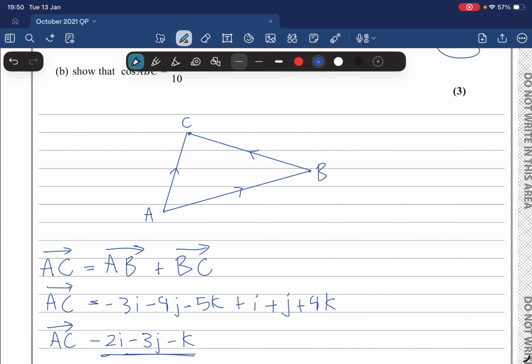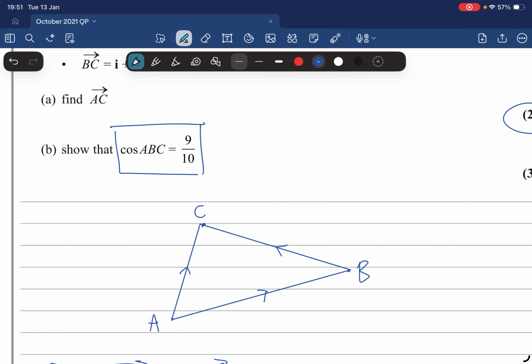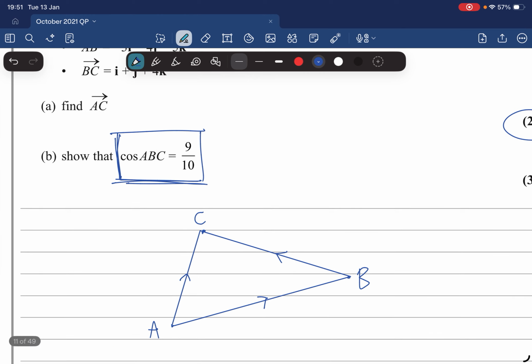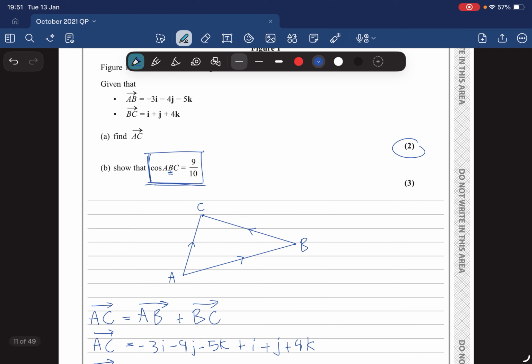Now to find the cosine of ABC, we want to apply the cosine rule, because the angle we're trying to find, ABC, is at B, in the middle. So this is what we need to do.